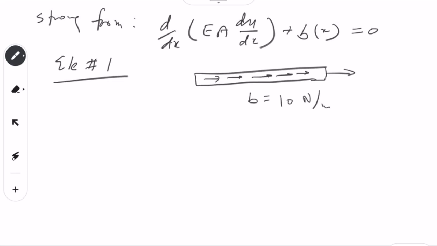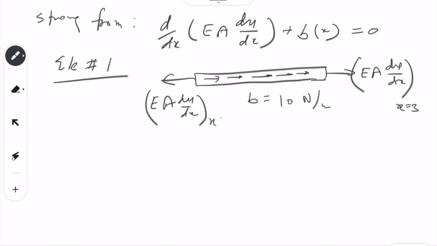As we have drawn earlier, we will have F1 and F2, or simply EA du over dx at x equal to 3, and EA du over dx at x equal to 1. Because element number 1 varies from 1 to 3, we have x equal to 1 and x equal to 3 as the boundaries, and then we have b like this one.